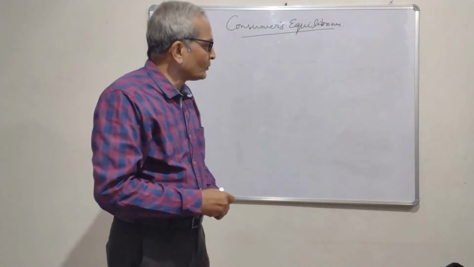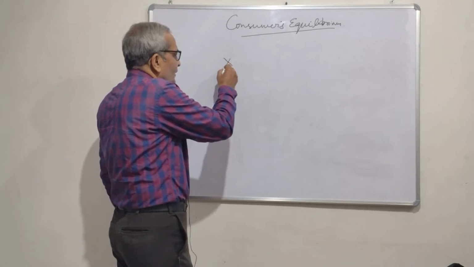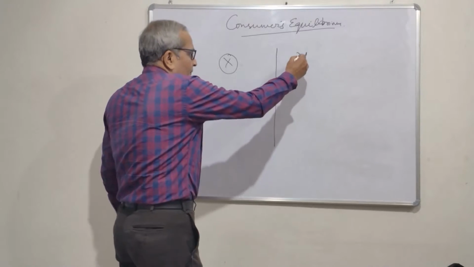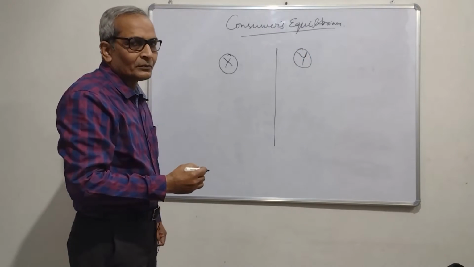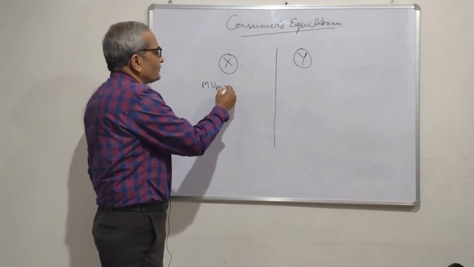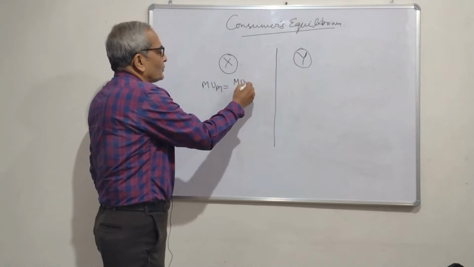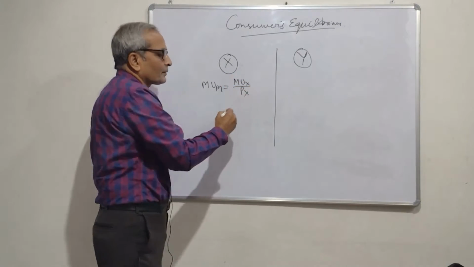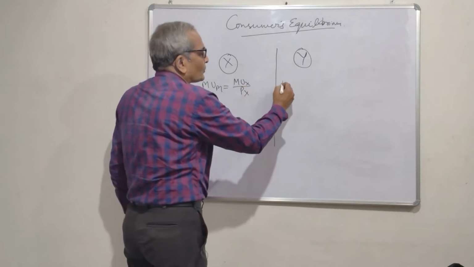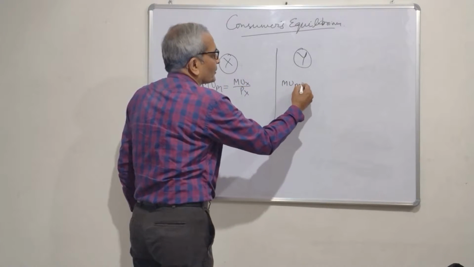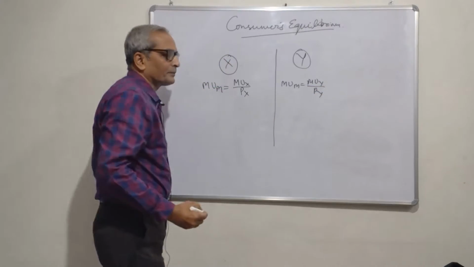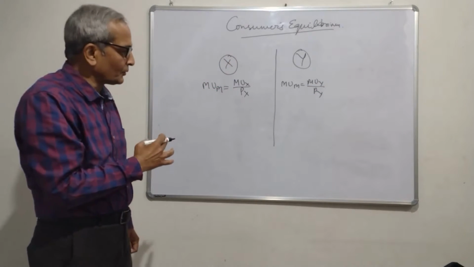So let us assume that one commodity is X and another commodity is Y. Now, we know that MUM, marginal utility of money for X, is MUX by PX, and marginal utility of money for Y is MUM equal to MUY by PY. We have seen this in our earlier video.